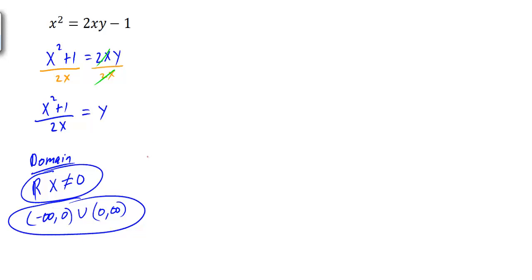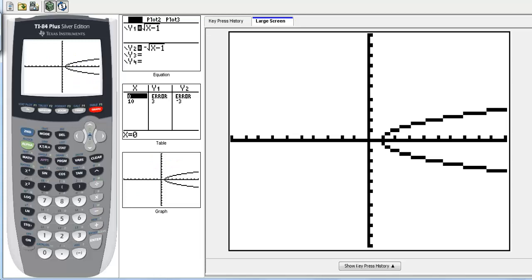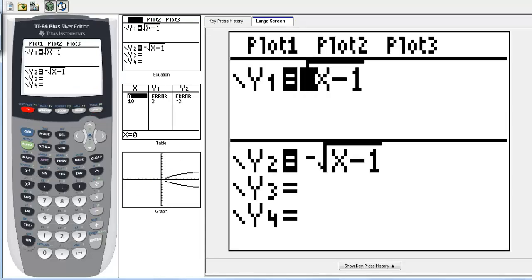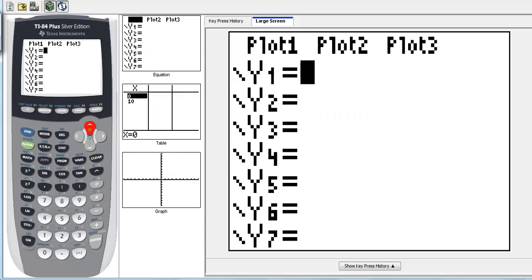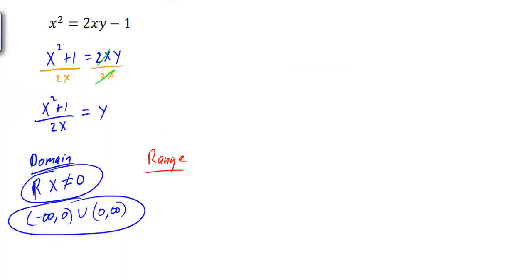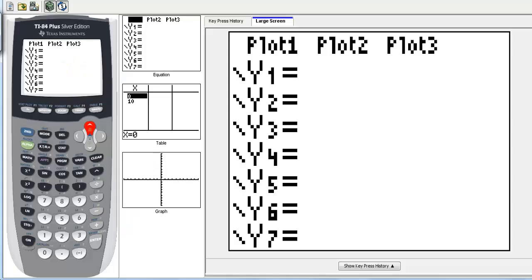Now once again, if we go to calculate the range, until you get really familiar with these equations, it's probably going to be best to put this into the calculator. So if we go to y equals, and we want to clear out our previous equation here, the equation we had was x squared plus 1 over 2x.